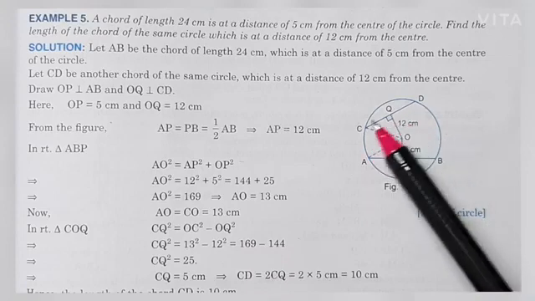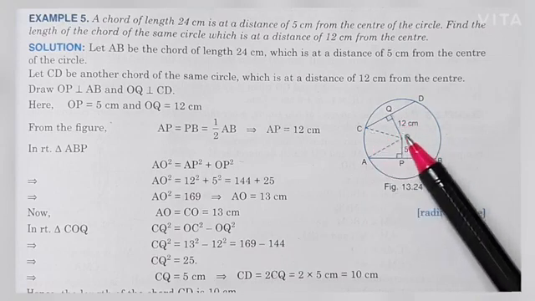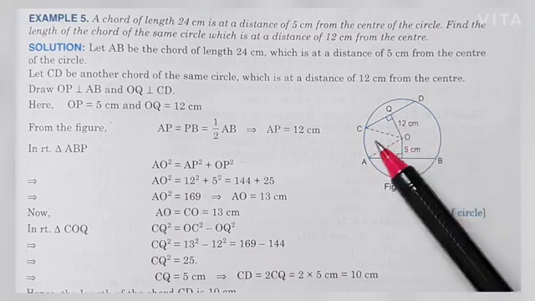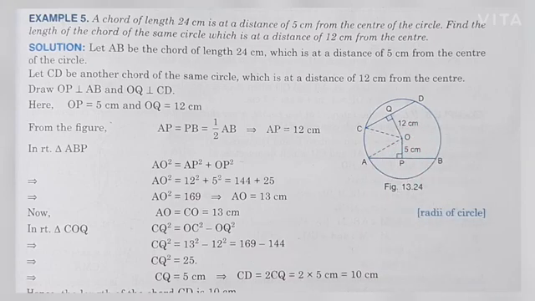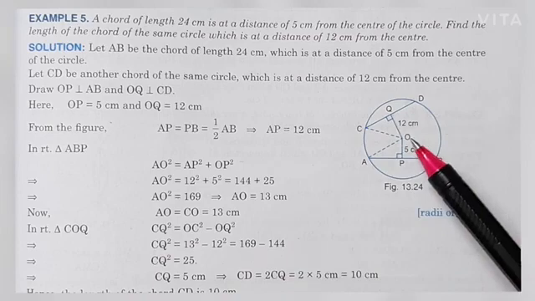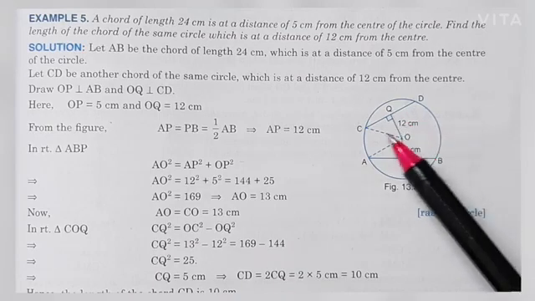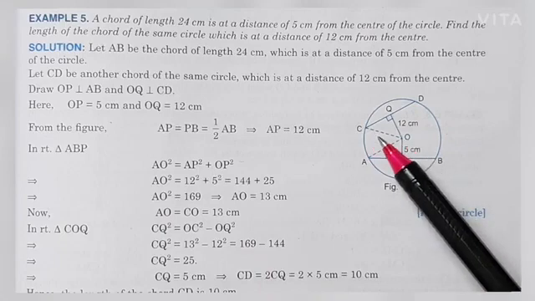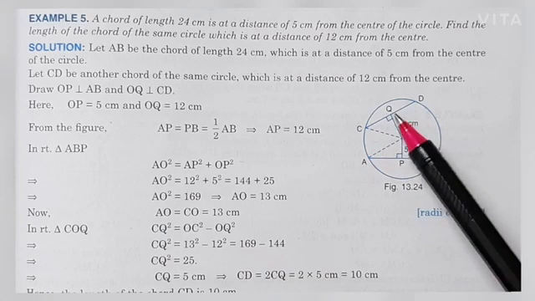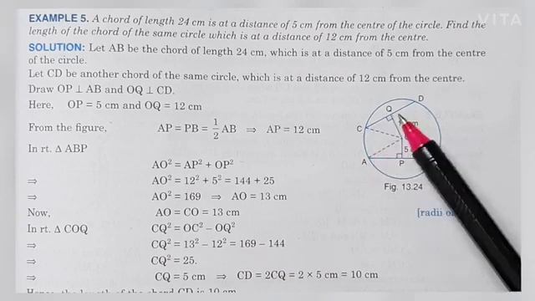COQ. In this triangle COQ, let us again apply Pythagoras theorem. Now you can see that OQ is 12 centimeter, CO is radius, which is 13 centimeter. So let us find QC.